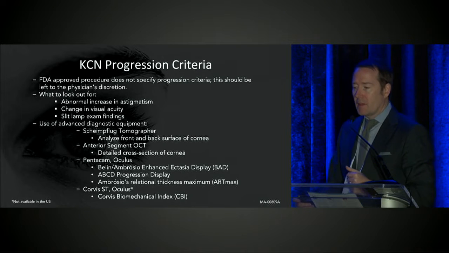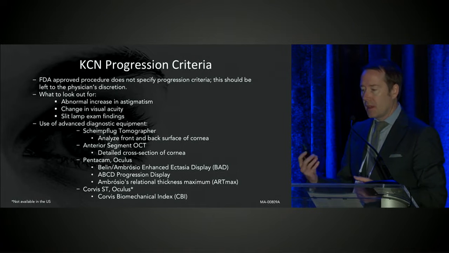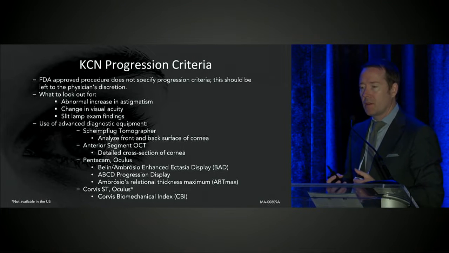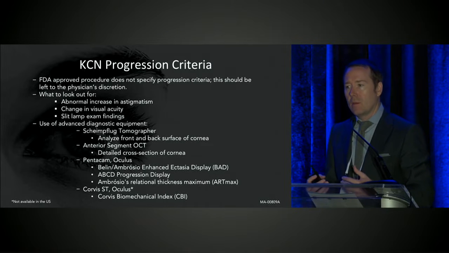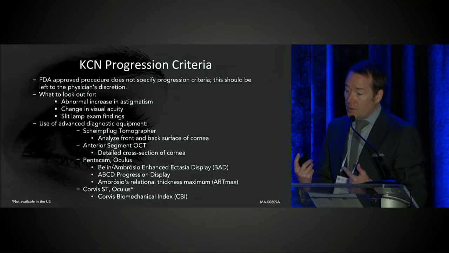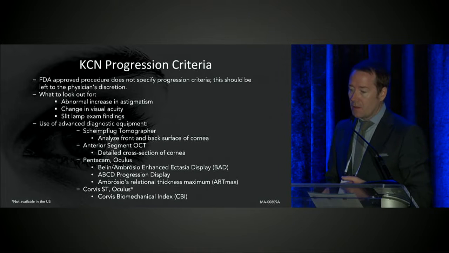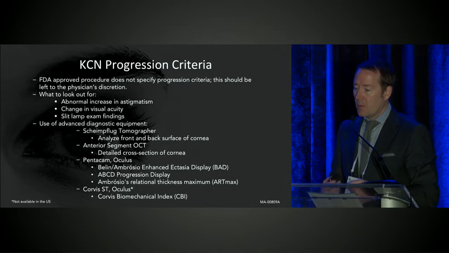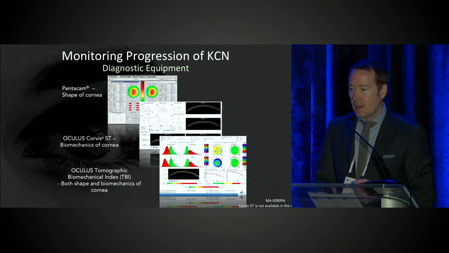Luckily, we do have advanced diagnostic equipment like we've heard about, and we're going to discuss more, including Scheimpflug tomography. Anterior segment OCT, particularly high resolution, has been very useful in our practice. Now we have epithelial mapping, which also gives us very nice information. We also have within our reach the Oculus Corvis ST with the Corvis Biomechanical Index, and we're going to talk about that some.